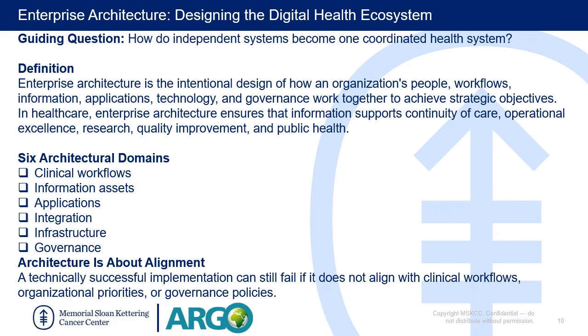Now remember that the strategic priorities, the operational processes, and the clinical care of the organization take priority before you can start talking of what technology you're going to deploy to meet those needs.